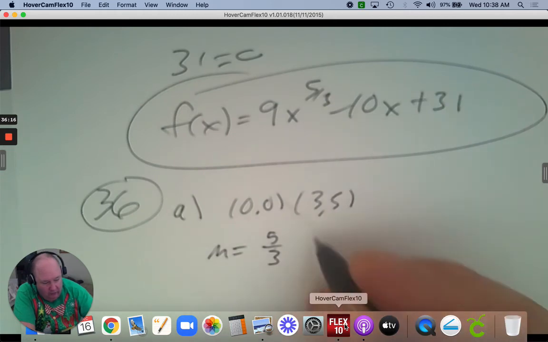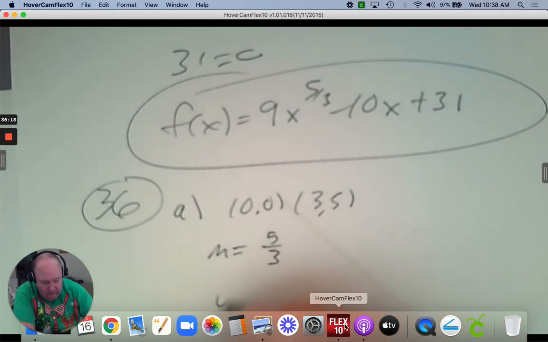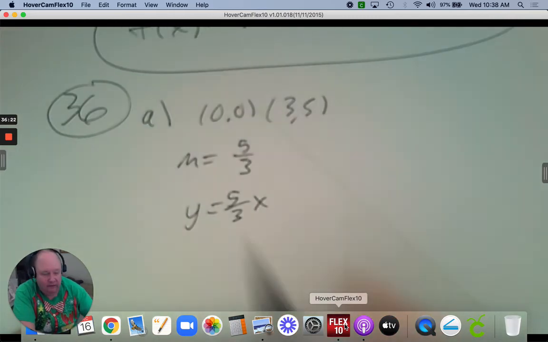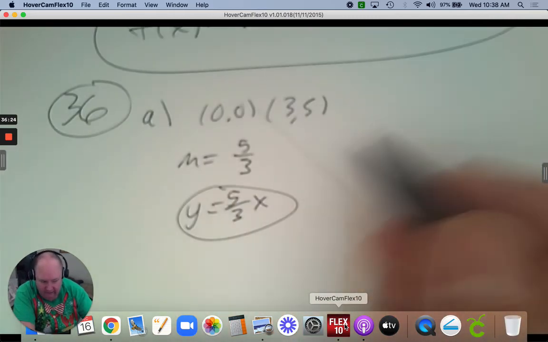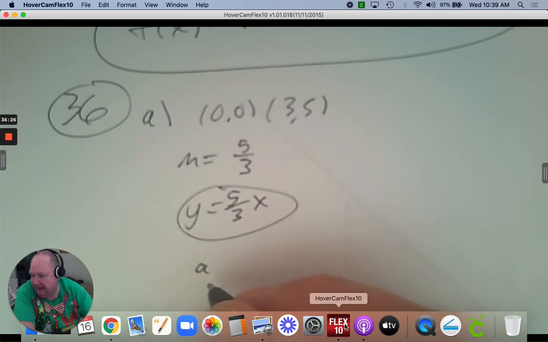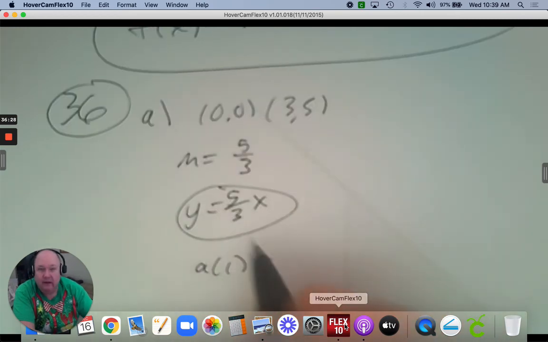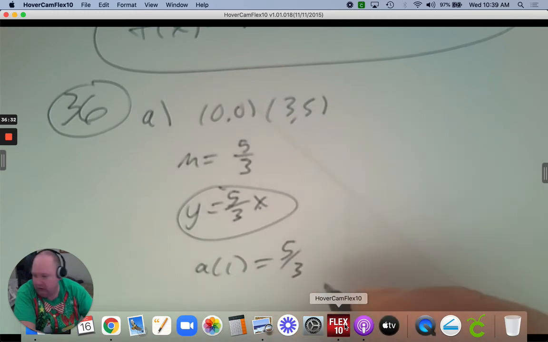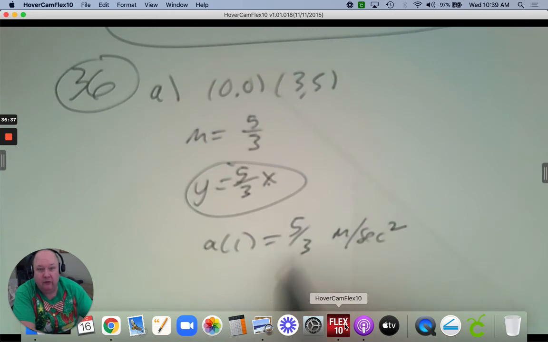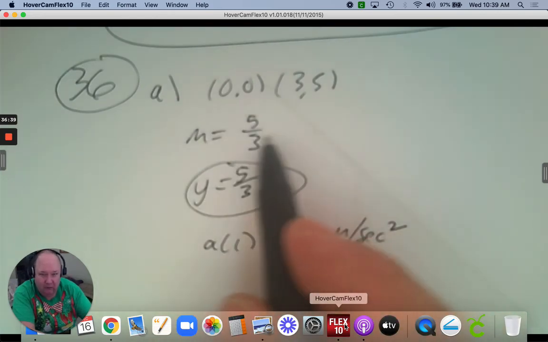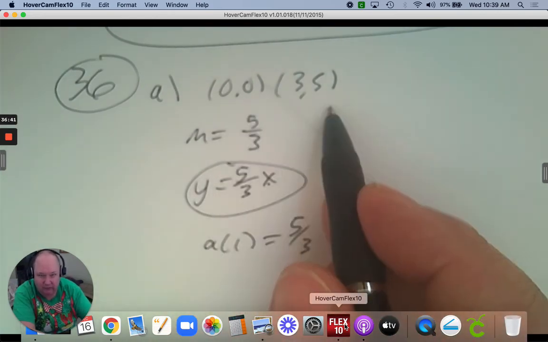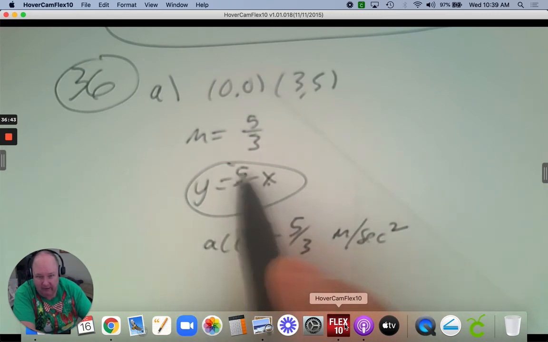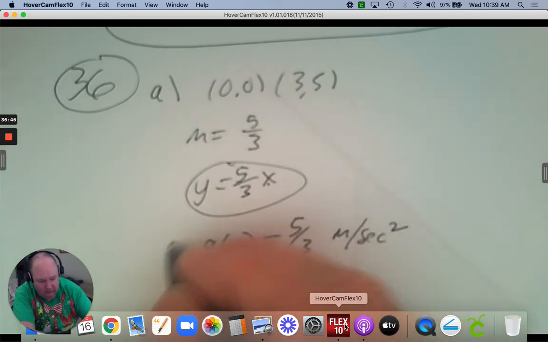And using one of the points, I'll use 0, 0, then you can tell that that's the equation of that line segment. So when it says what's a at 1, then you plug 1 into here, and the answer is 5/3. And then you need the unit, which is meters per second squared. So don't assume it. You might have to write an equation of a line that goes through 2 points, then plug 1 into that equation, and then you get your acceleration.